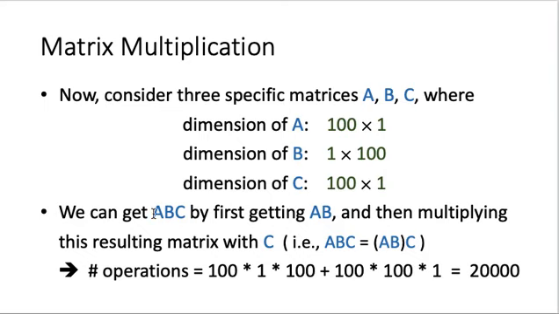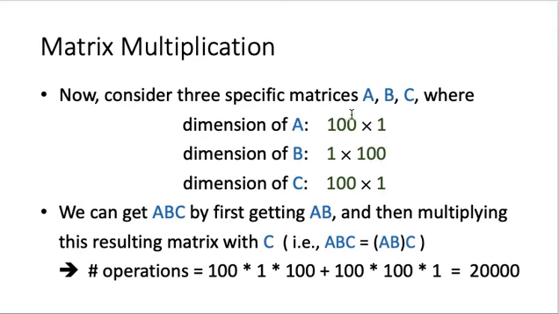To get A times B times C, we can first get the result of AB, which will be a matrix, and then multiply this with C. The first operation, to get AB, is 100 times 1 times 100 operations.